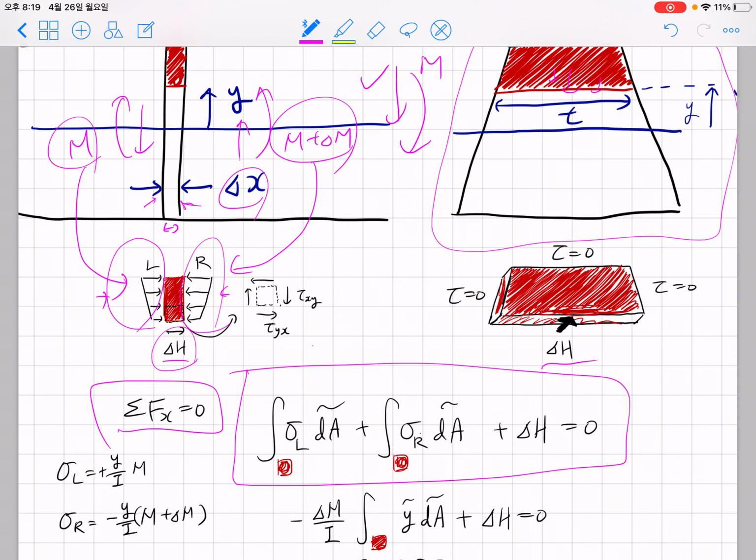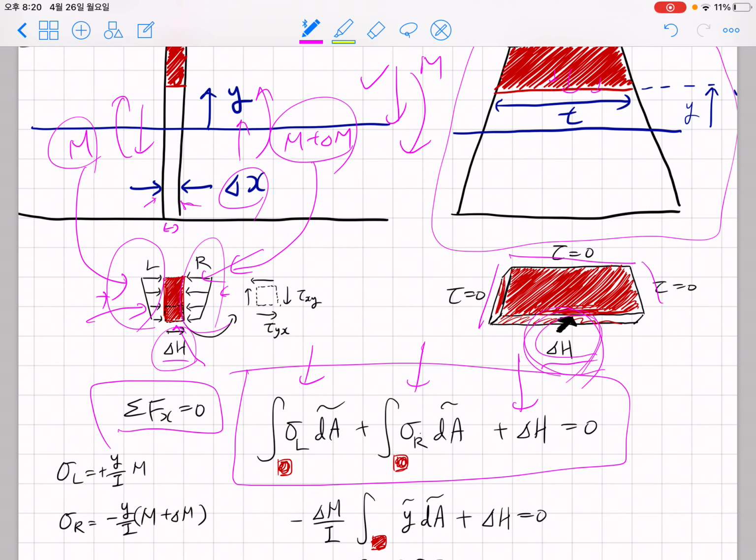Okay, so this is the force acting on the left-hand side, this is the force acting on the right-hand side, and this is the force acting at the bottom. This is how we indicate this delta H. Please ignore all side walls and top walls, because we are not considering any force around this red volume except at this delta H place.